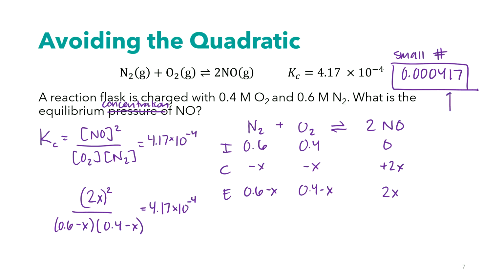A small number means that at equilibrium, I'm going to have a very little amount of product. Yes? Small K, very little product. That, yes, and it's not just less than 1, it is really small, right? It's 0.000417.